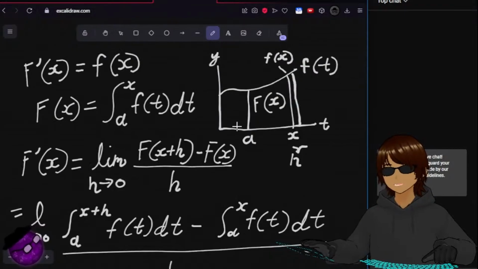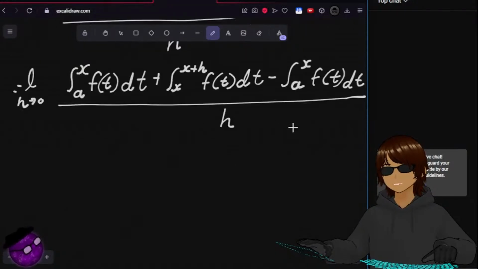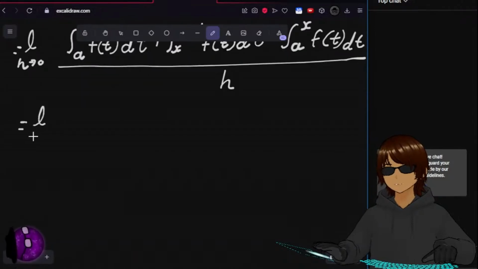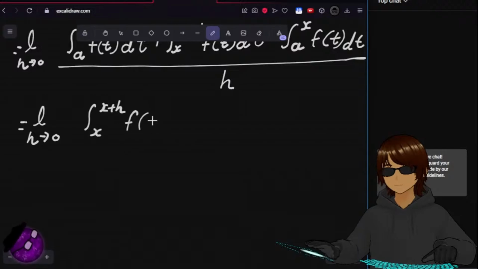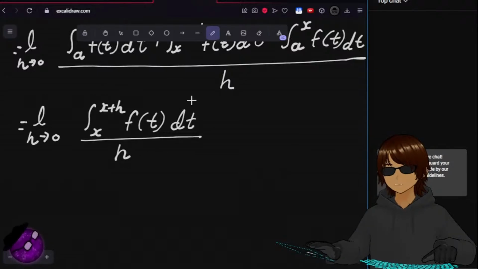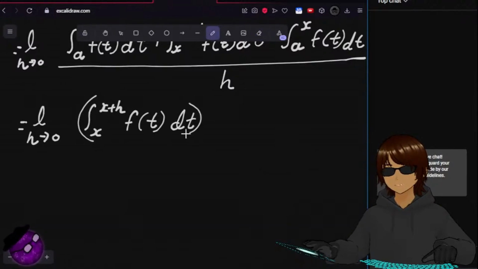So basically what I'm doing, the area from a to x plus h is the area from a to x, and the area from x to x plus h, and then this and this cancel out, so we are left with, or we can write this as, can write it like this.